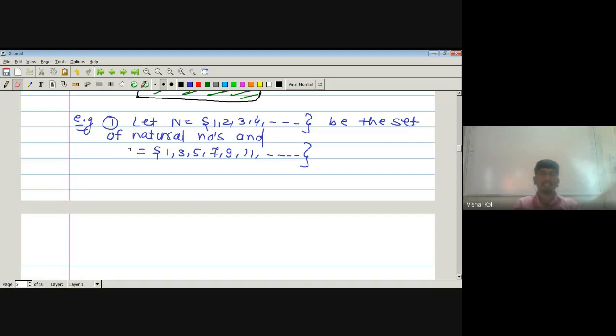Here N is the set of natural numbers 1, 2, 3, 4 and so on, and A is the set which contains all the odd numbers. N is nothing but 1, 2, 3, 4 and so on. Therefore, here A must be a subset of N.